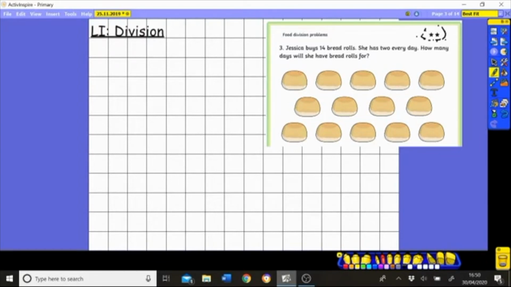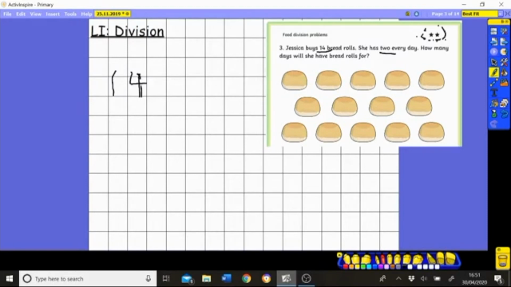Okay, so looking at this first question, Jessica buys 14 bread rolls. So 14 would be the dividend. She has 2 rolls every day.